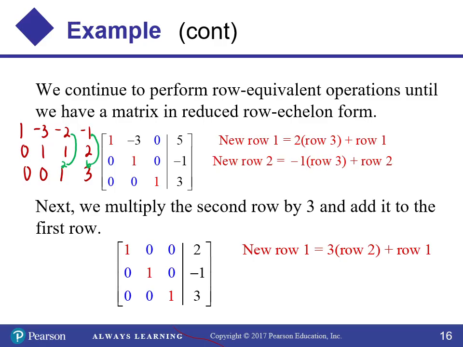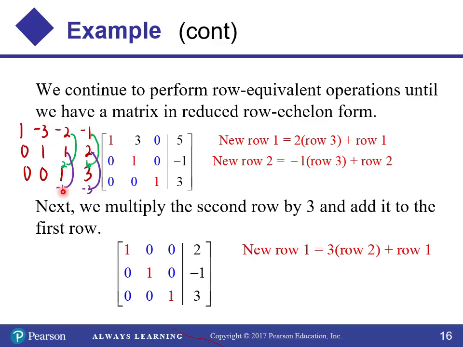And then they took your new row 2. In order to get that one, they took -1 times row 3 and added it to row 2. So if I take my row 3 and multiply it by a -1, 3 times a -1 would give you -3, and I'm adding that to this row to get that new row 2.